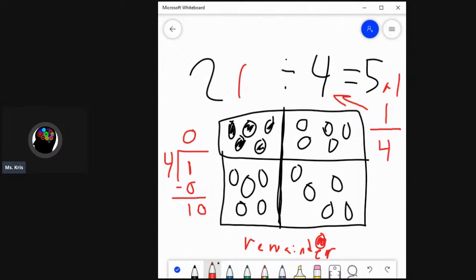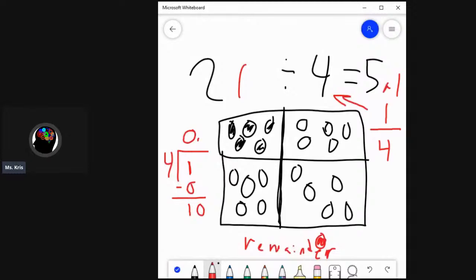When you add a 0, you add a decimal. Always remember, once you add that first 0, you must add your decimal. So now, I've added my 0, I've added my decimal.